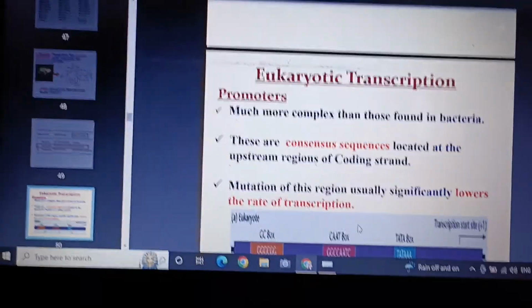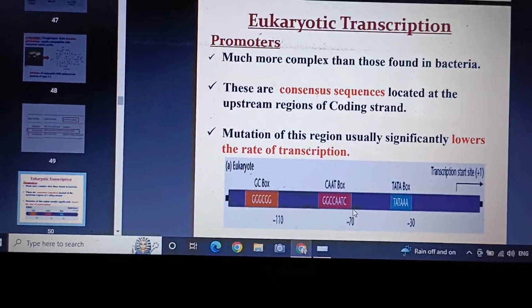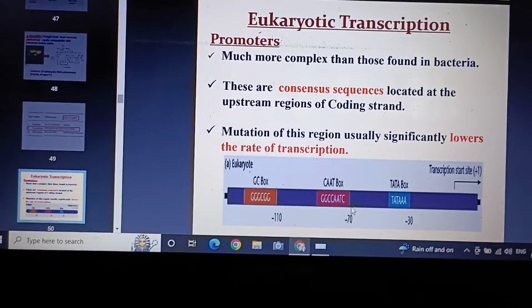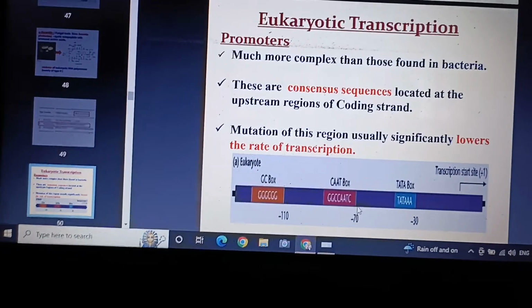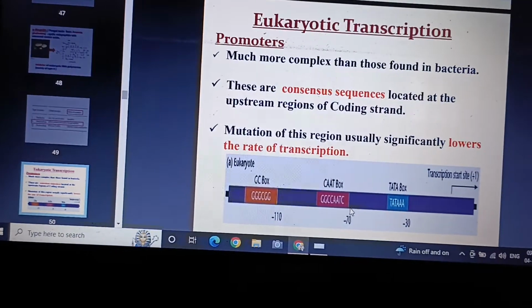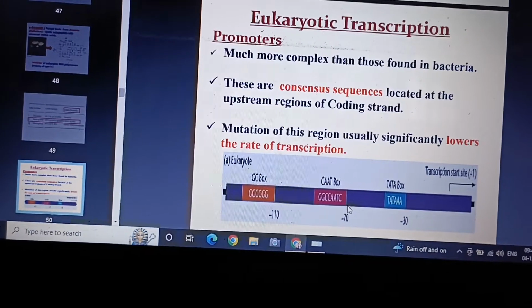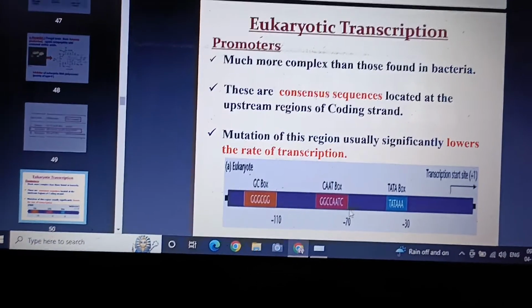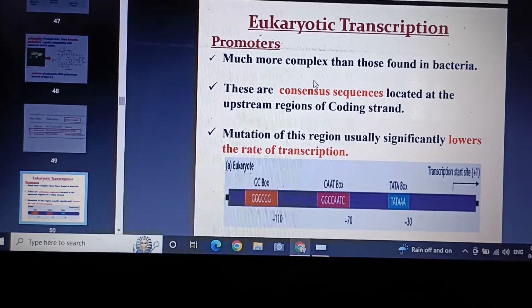So now we directly go to the transcription process. In eukaryotic transcription, when the process is starting, the first thing is we need to initiate the mechanism. So what has happened here?